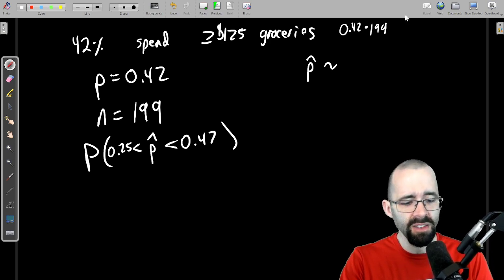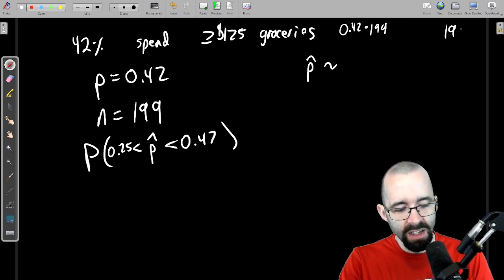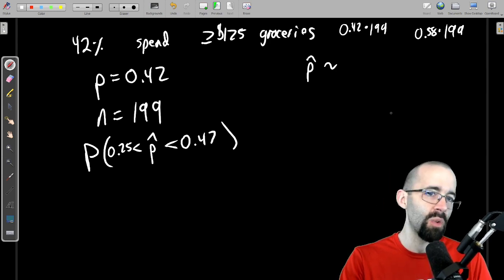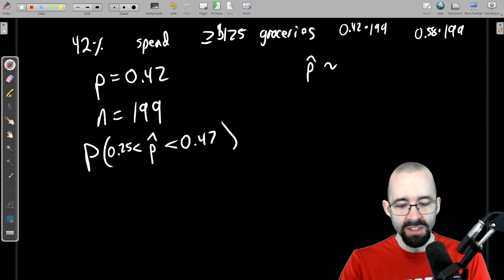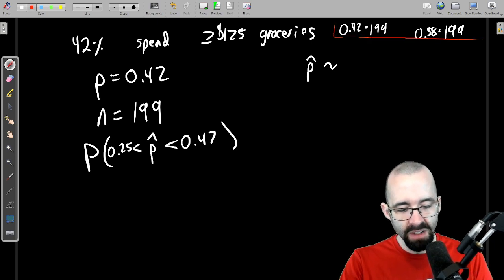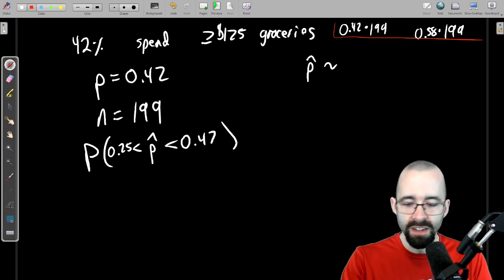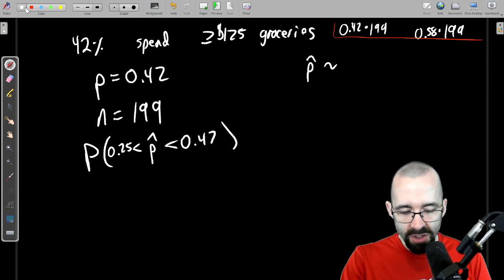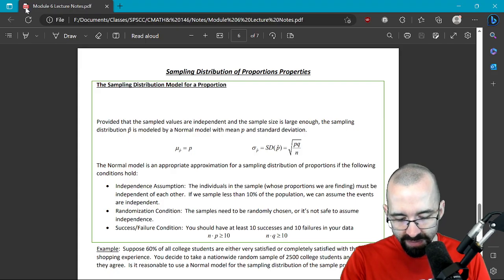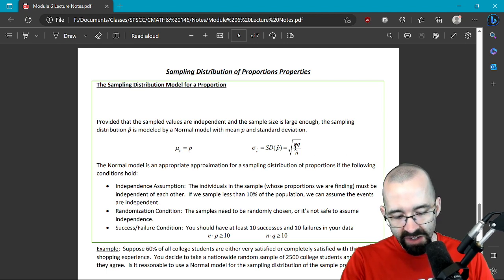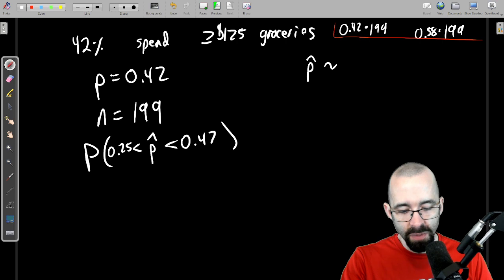You can calculate it out. We have 199 and we have a 58% chance of failure. Yeah, that's going to be more than 10 too. This is the success failure condition up here. You can check that these are both more than 10. Again, we got a bit of a time crunch today, so I'm not going to do it now. We know this is normally distributed with this mean of p and this standard deviation of the square root of pq over n.